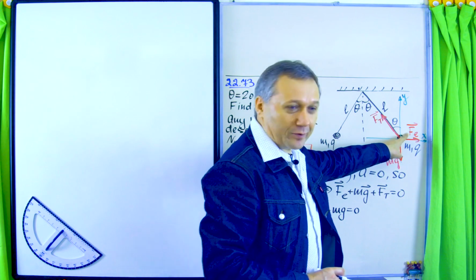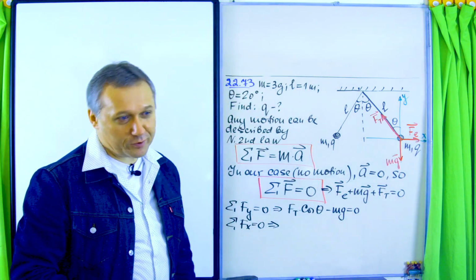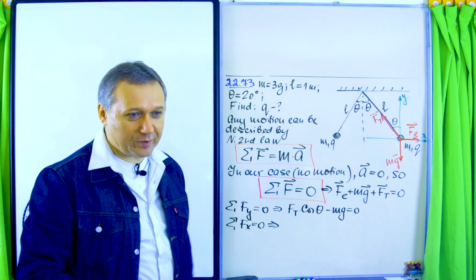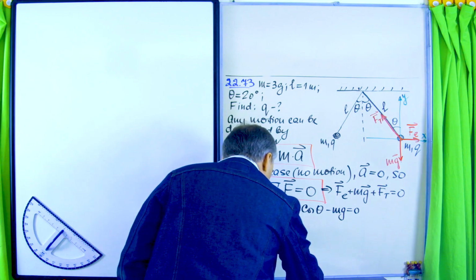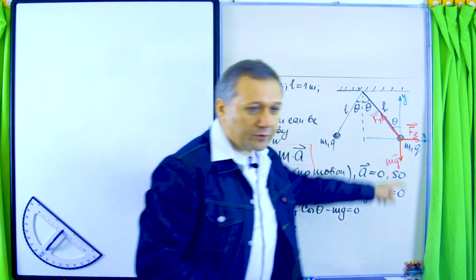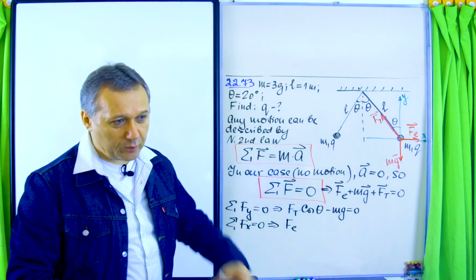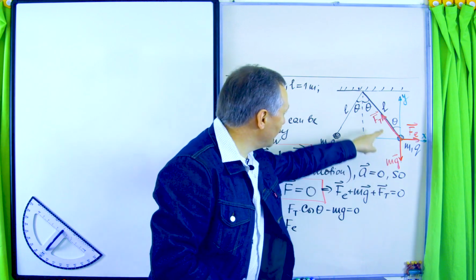Let's start with the electric force. It's purely in the x direction, positive x direction, so it goes into the equation with plus. It will be plus Fe, the electric force. Then the force of gravity doesn't contribute anything, zero contribution, because it's purely in the y direction.